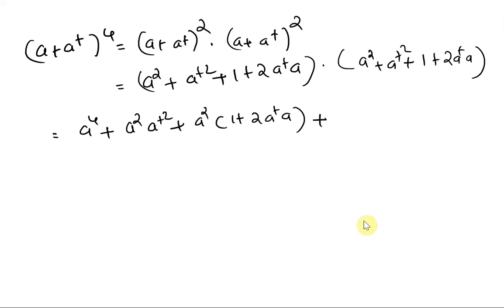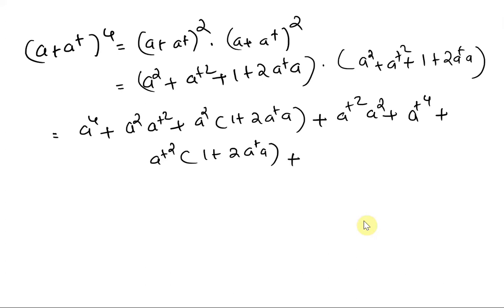Now a dagger square is multiplied with a square, a dagger square multiplied with a dagger square, which will give you a dagger raised to 4, plus a dagger square multiplying with the constant, a dagger square with 1 plus 2 a dagger a.